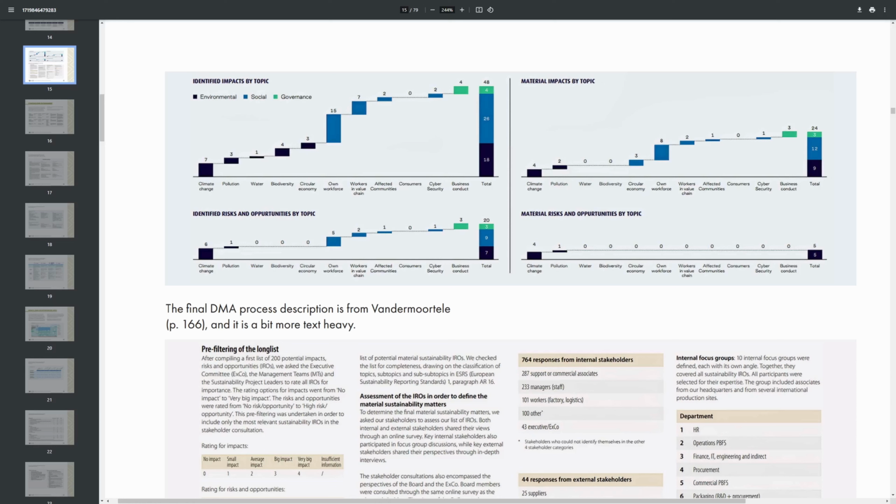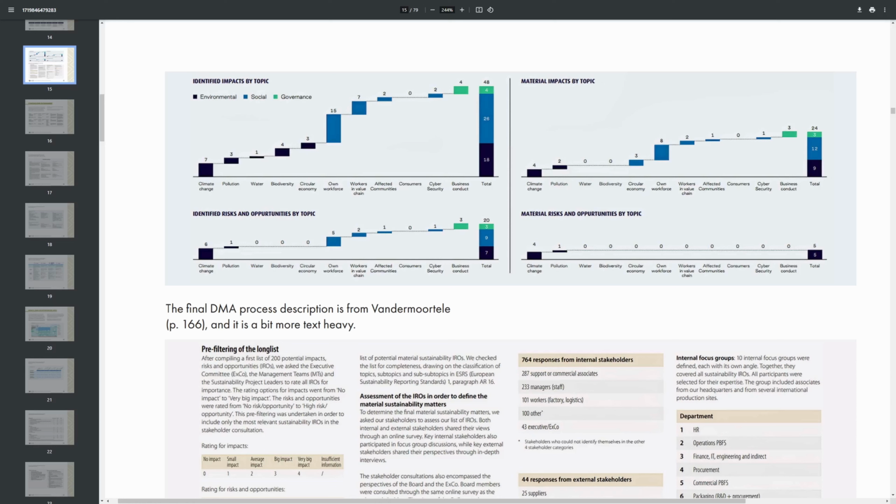If you have a large number of material impacts, there will be, in theory, or as a proxy, a large amount of information covering a number of impacts because there are more material impacts. So this immediately tells the reader of the sustainability report, or it gives them an indication of the scope or the burden of information on a topic by topic basis.